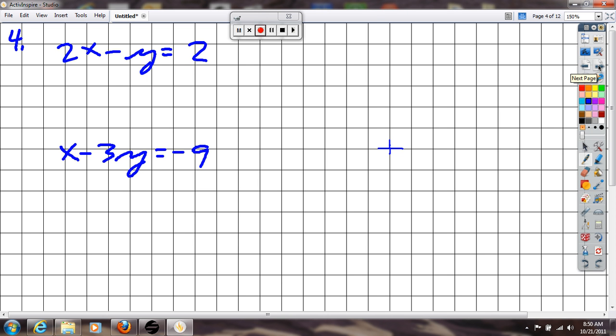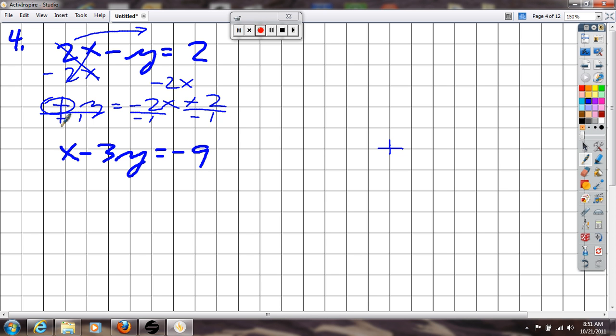We've got to get the y by itself. So I am moving the 2x over there. So I'm subtracting 2x from both sides. The 2x's in front cancel. It leaves me a negative y equals a negative 2x plus 2. I cannot have a negative in front, so I divide by a negative 1 on all parts.